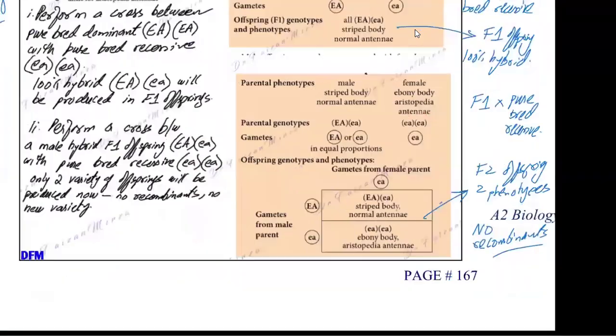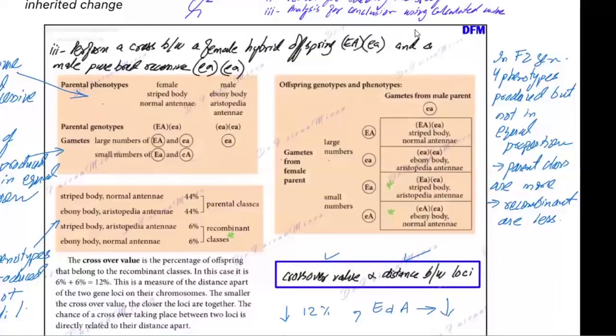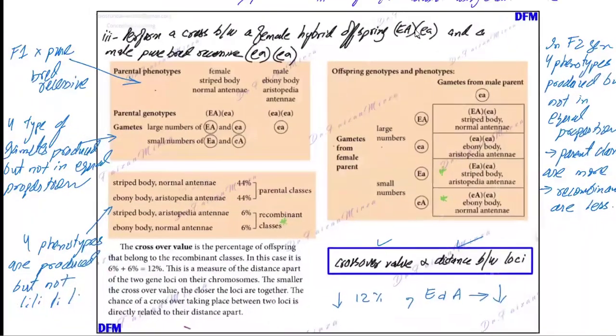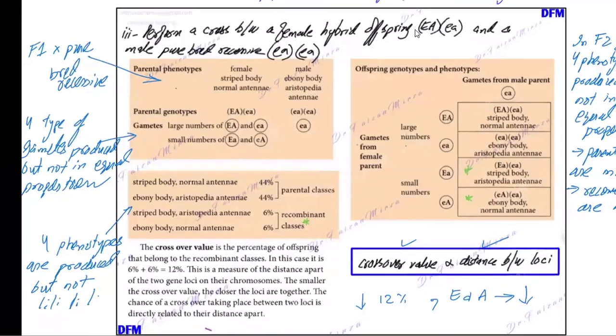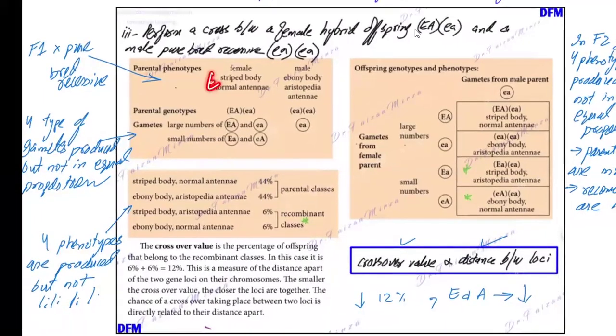Now let's take another example of the same organism where the female F1 offspring was taken together with a male purebred recessive. In this case, the female is capital E, capital A, small a, and the male is small e, small a, small e, small a.